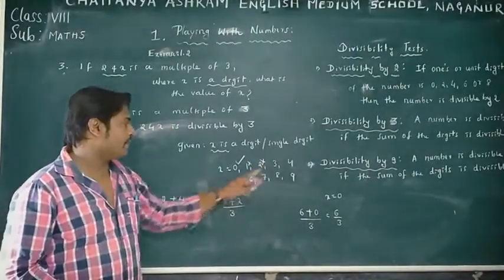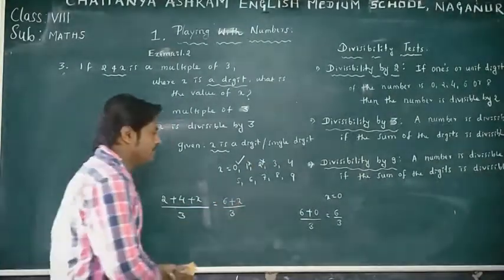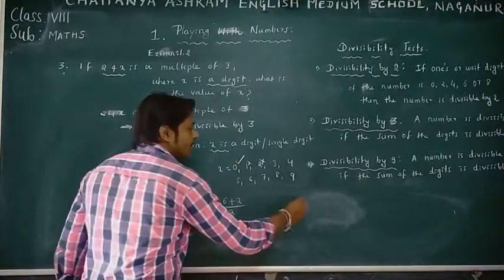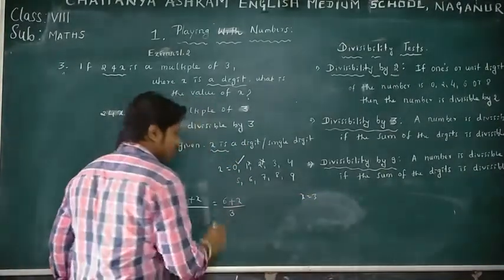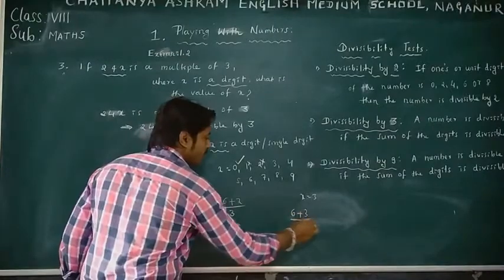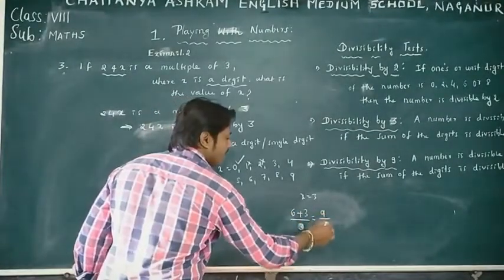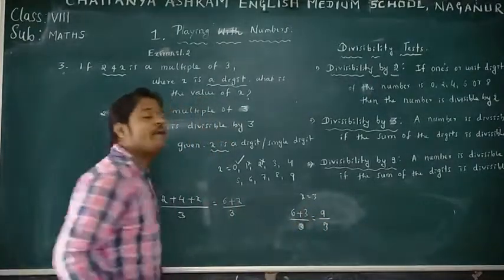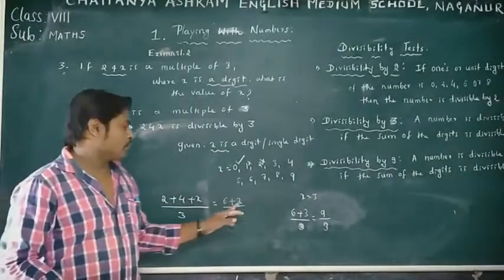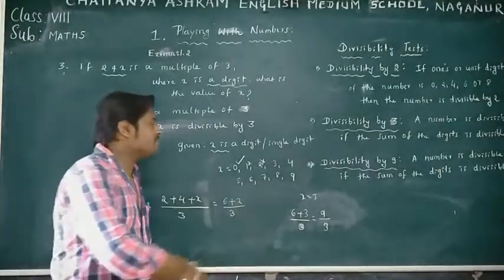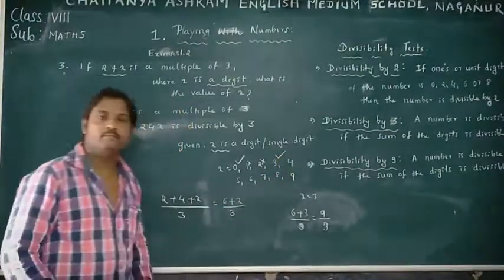Take x is equal to 3. See what happens. 6 plus 3, 9 by 3. 9 is divisible by 3. So we obtain another value of x, that is 3.